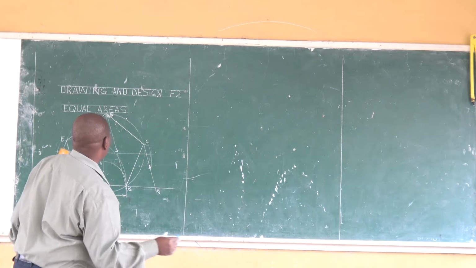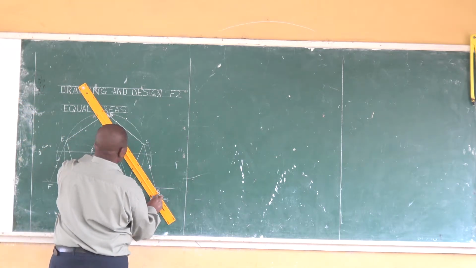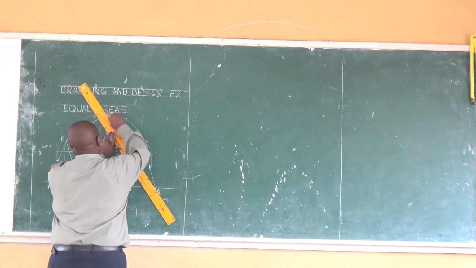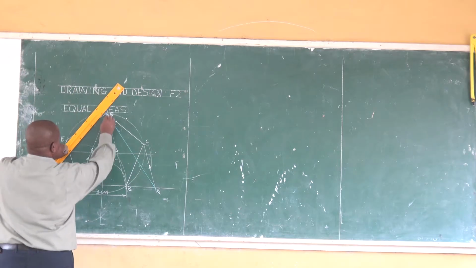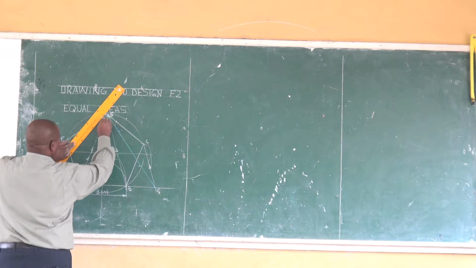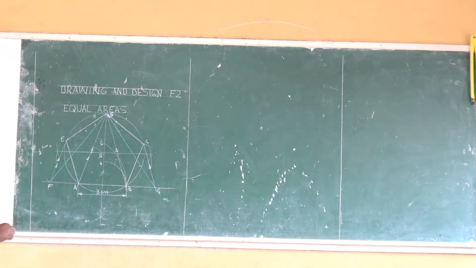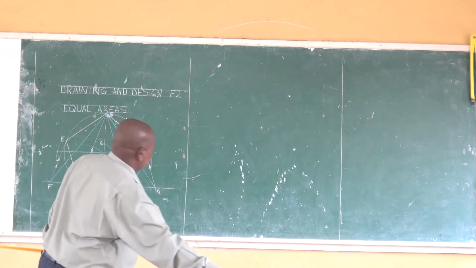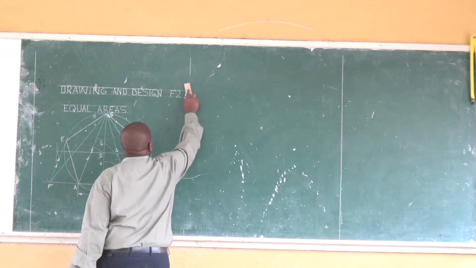When you join D and G, you get the triangle DFG, which is equal in area to the original pentagon. The original pentagon and the triangle are equal in area.